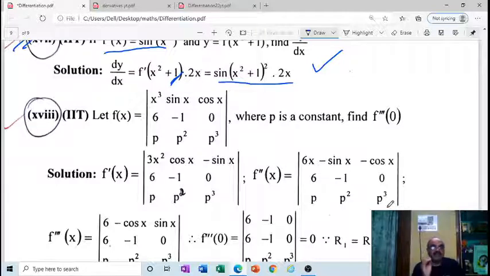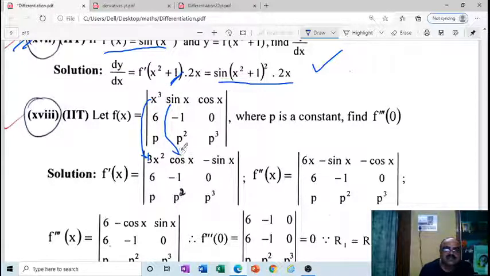Look here, when you look at the problem, they have said p as constant. We will not touch the third row. The second row is numerals. Even that we don't have to touch. The variables are only in the first row. So when I differentiate x cube, it becomes 3x square.